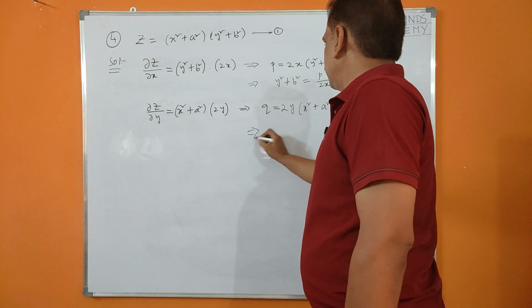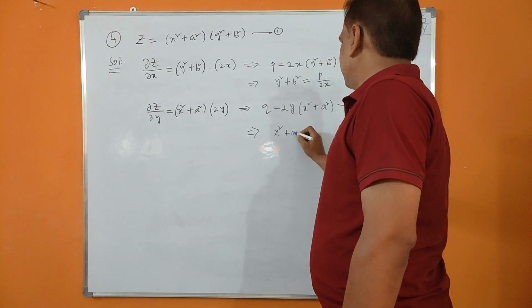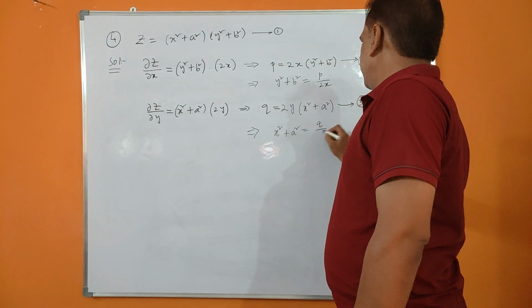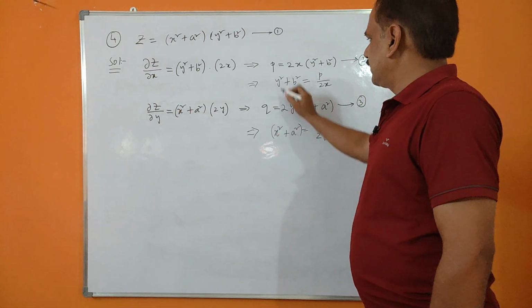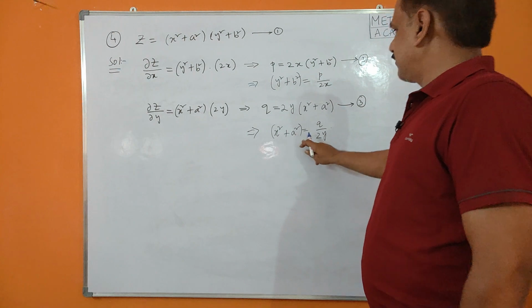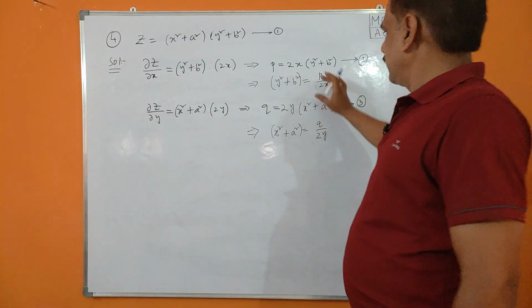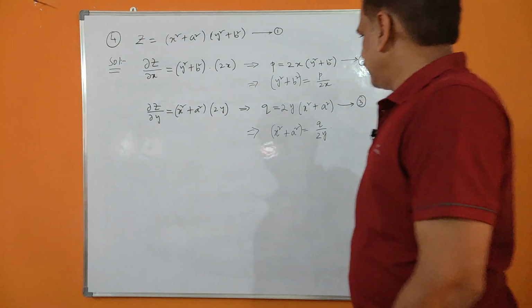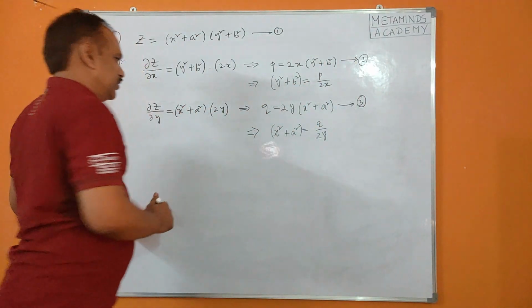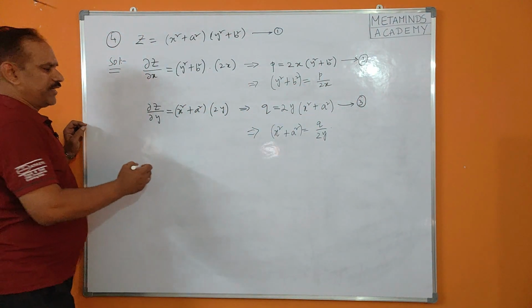From this equation you can obtain x square plus a square as q by 2y. Now you can replace x square plus a square and y square plus b square in equation 1 and obtain the solution, so that you can eliminate a and b.